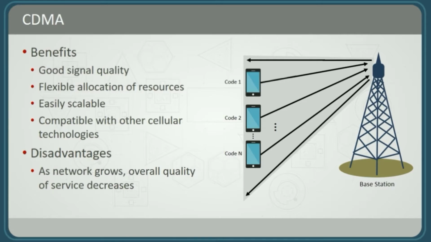If you end up with too many codes, that's a lot of processing. So the more devices, the more codes you need to maintain and manage. So in essence, it can become a bottleneck. But ultimately, that is how these days we facilitate the multiple access requirements of cellular communications.